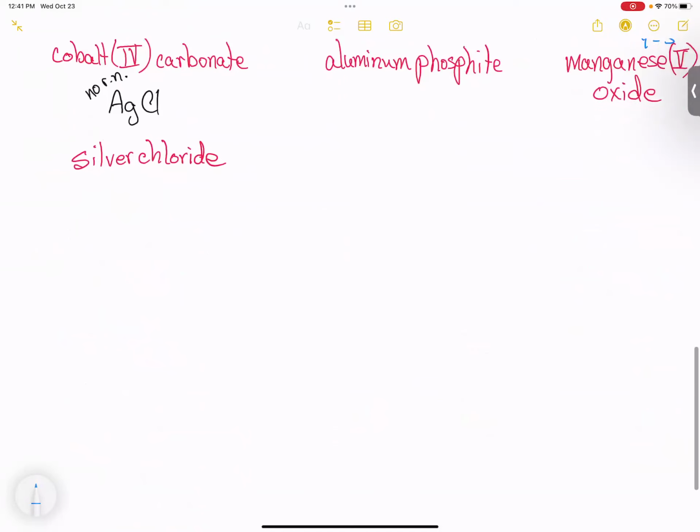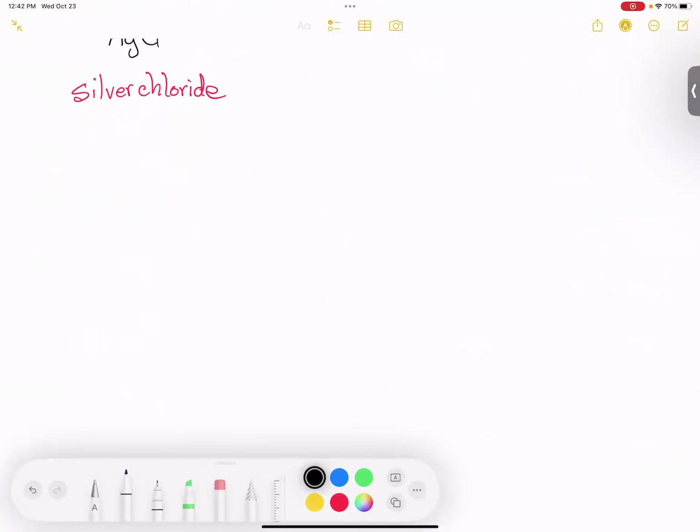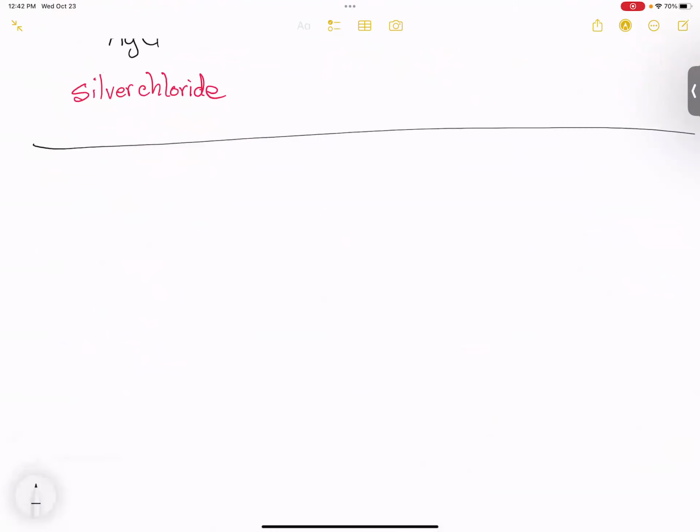To me, going from the formula to the name is the harder part, as long as you know your ions. Going from name to formula is much easier because it's translate, cross, drop, simplify.